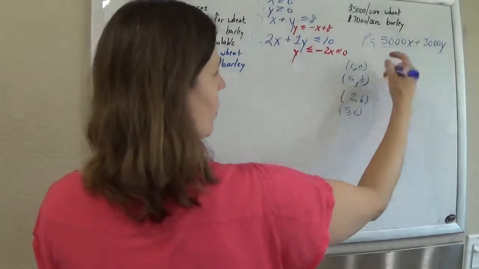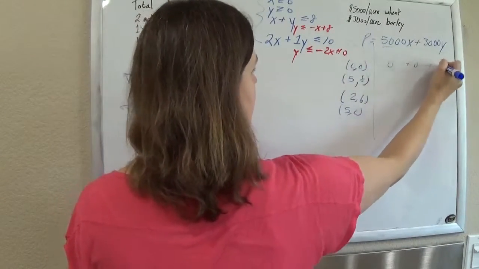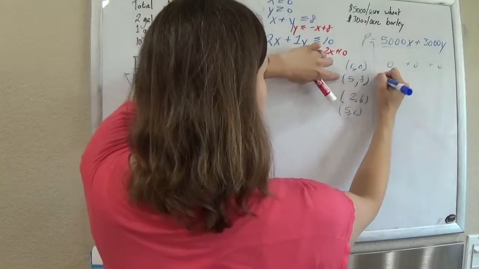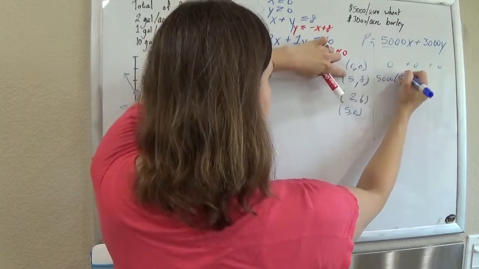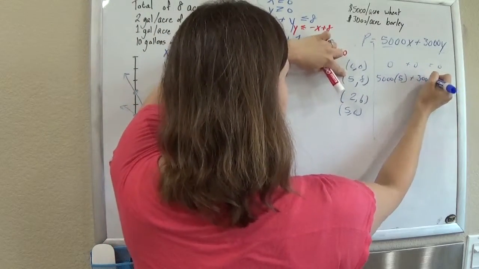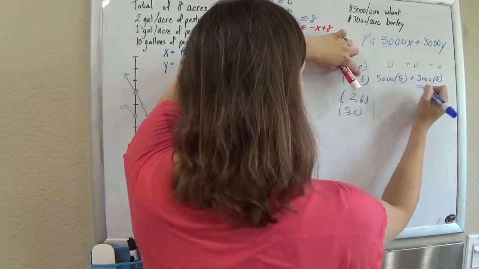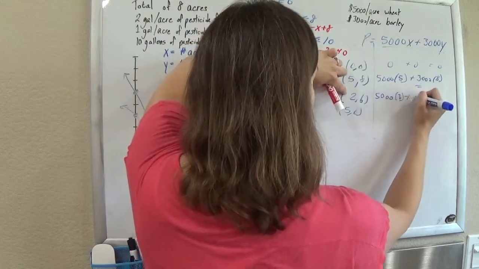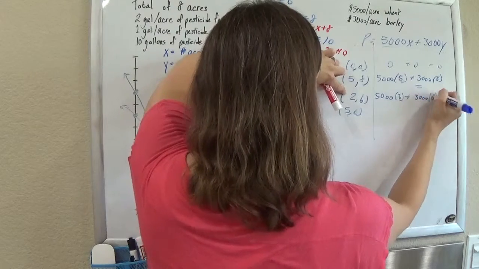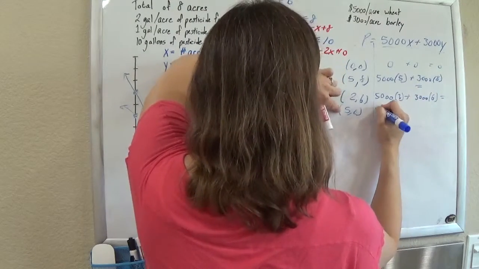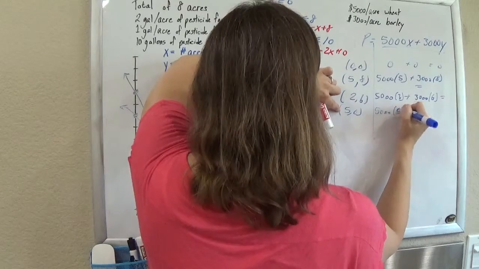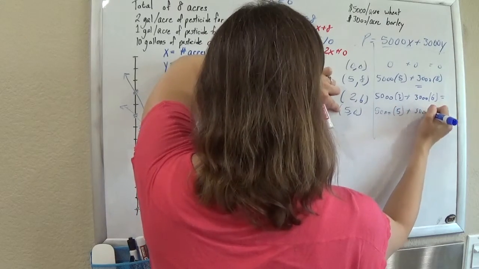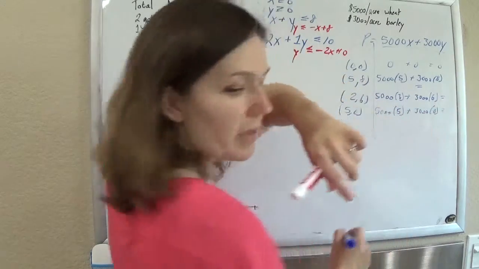So here if we get 0 plus 0, we get 0, that's boring. Here if we do 5,000 times 5 plus 3,000 times 8, that'll give us something. 5,000 times 2 plus 3,000 times 6, that'll give us something. 5,000 times 5 plus 3,000 times 0, that'll give us something.